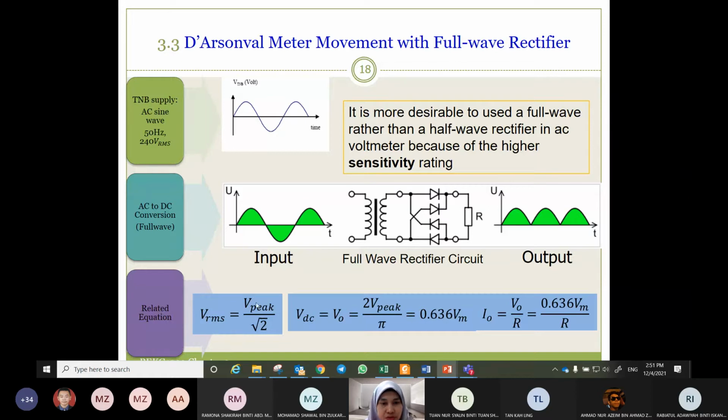Again, VRMS is equal to VP over root 2. VDC, or V average, or V output, we multiply this by 2, so 2 times VP divided by pi. So it is equal to 0.636 VM. VM is equal to VP as well.